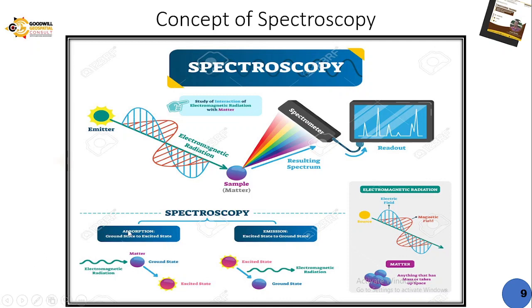Now let's come to the terms we are going to predominantly use in this phase: absorption and emission. When we say absorption, what does it mean? We all know in atomic physics, we've dissected atoms, we know electrons exhibit quantized energy levels.